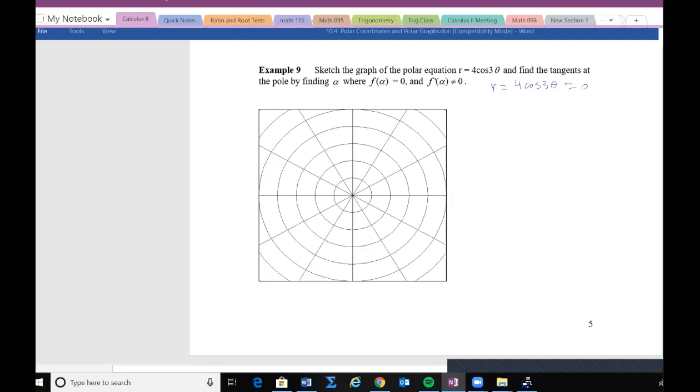So that means that 3 theta must be some odd multiple of pi over 2.